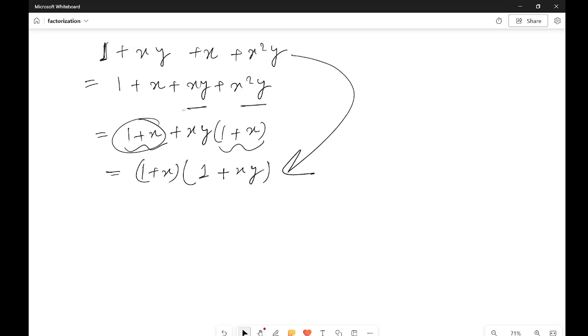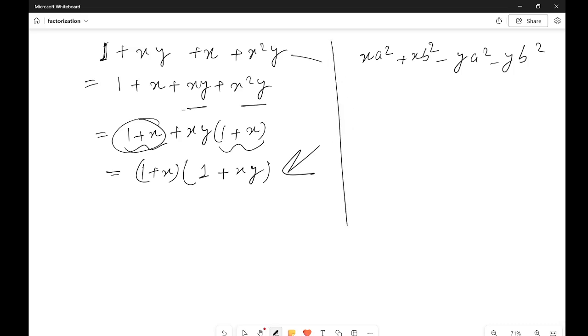Now let's say another expression. We have x a square plus x b square minus y a square minus y b square. Okay, so now let's take common. The first two parts, can you see? I can take x as a common, so I will have x, a square plus b square.